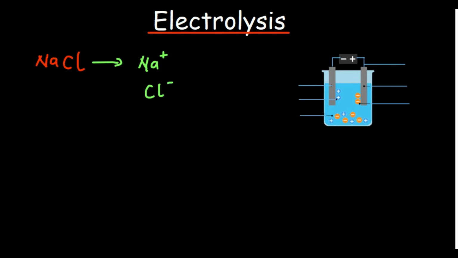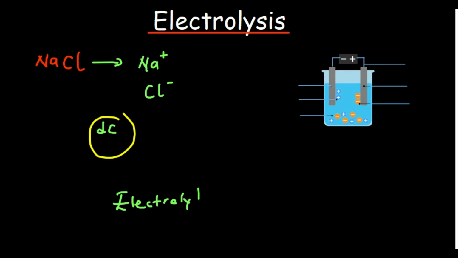Now it is done by using an external power source, which we are calling DC, direct current. This is what makes electrolysis different from the process that occurs in a galvanic cell or a redox cell. The kind of cell where electrolysis occurs we call an electrolytic cell, coming from the word electrolysis itself.